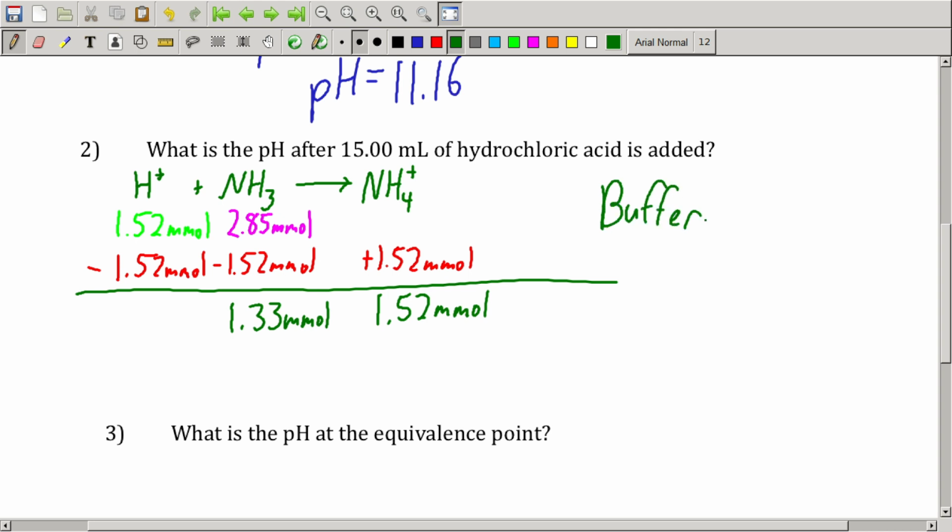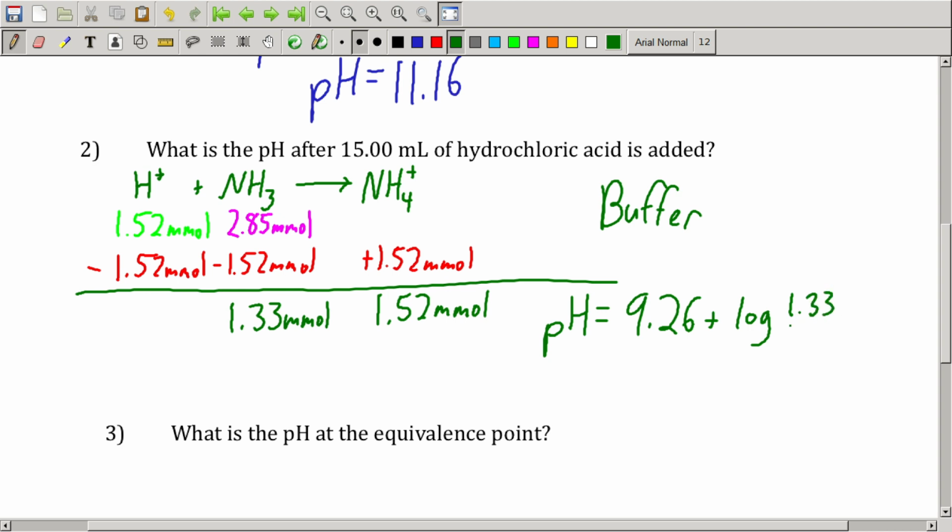As we predicted. And so therefore, we can get the pH of this buffer by taking the pKa, which is 9.26, plus the log of 1.33.